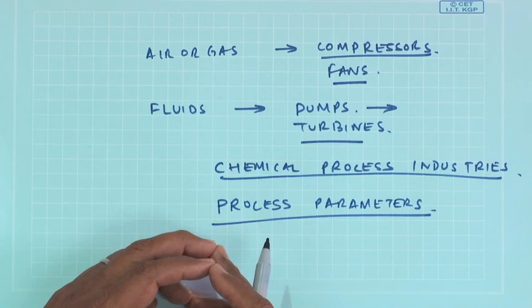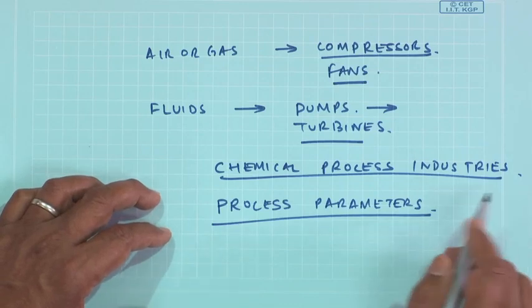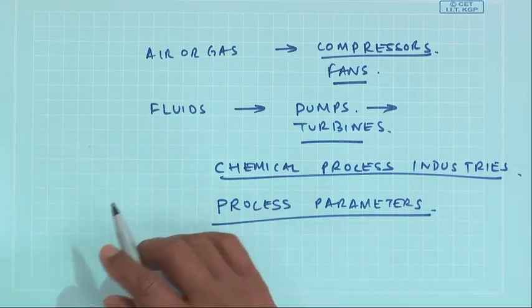Like flow rate, velocity, pressure, temperature. These are some of the process parameters which the condition monitoring or plant maintenance engineers always watch to see how efficiently the machines are operating.